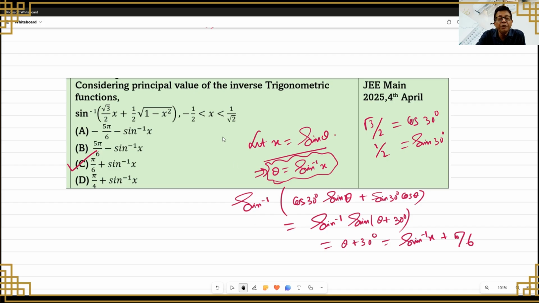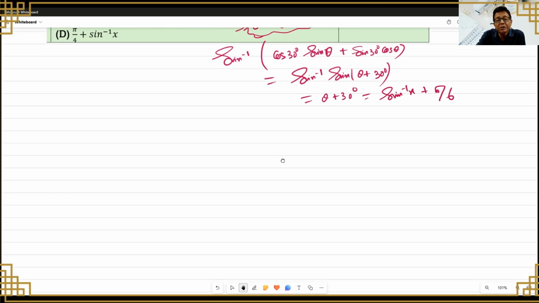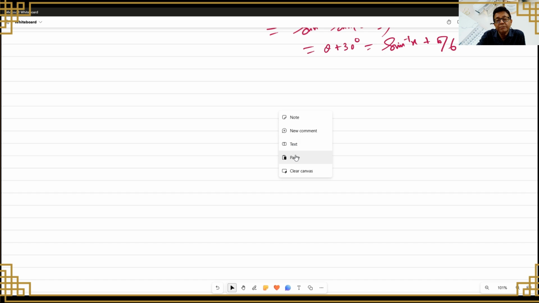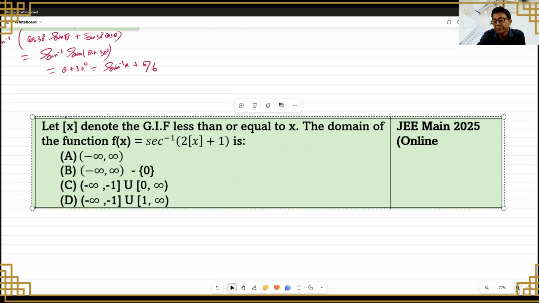Next problem I am going to discuss with you, where domain and range of function is involved, and the concept of modulo function helps. Just go through this sum once.